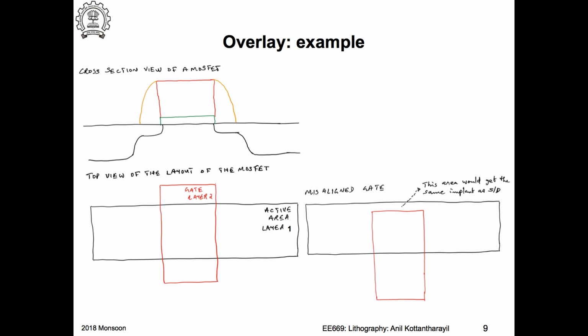Usually when you make a layout of the circuit, you are actually drawing what is seen from the top. But when you do your device course, you are looking at how it looks this way, the cross section. Now if I look at this from the top, it would look like this. So this is my silicon. It looks like this, right?